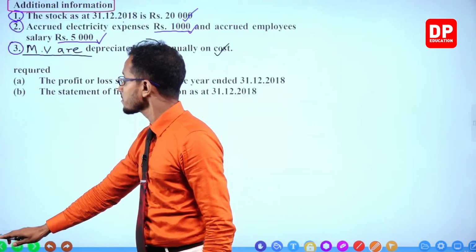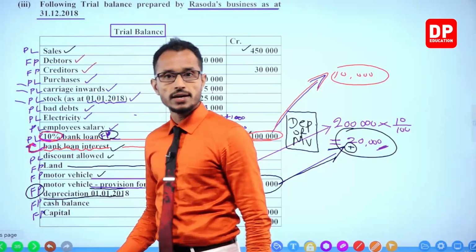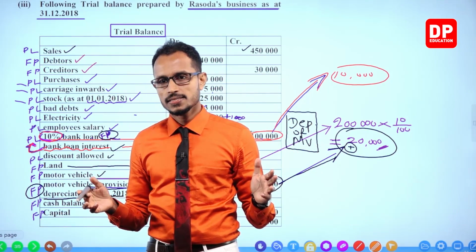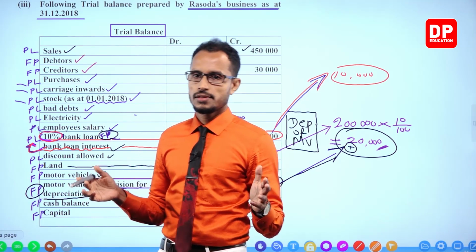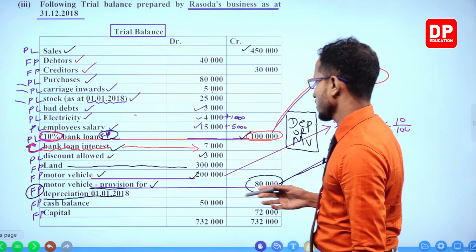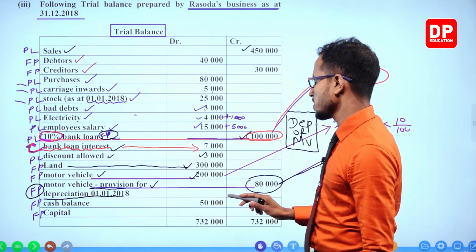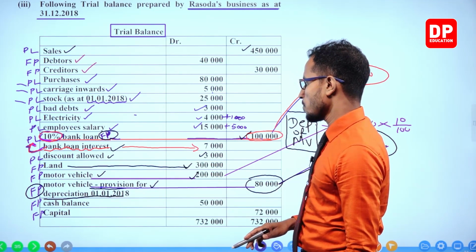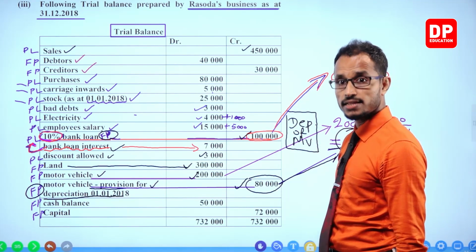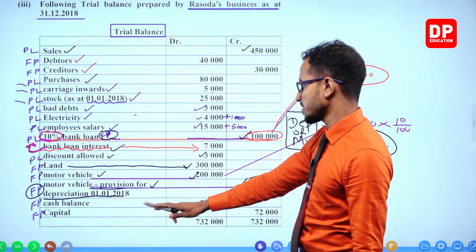There is an order to mention the list of assets. All right. Land is already mentioned. Motor vehicles is already mentioned. Motor vehicle provision for depreciation is also already taken. That's why it is ticked.